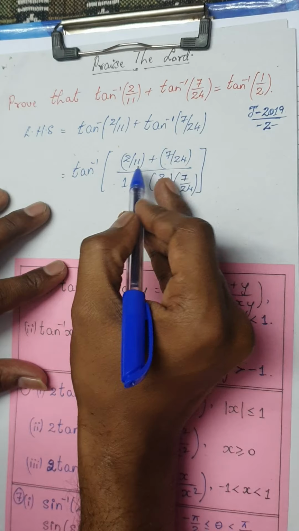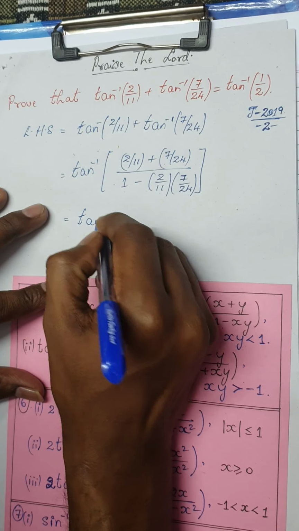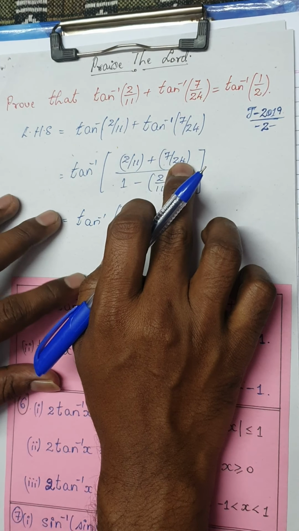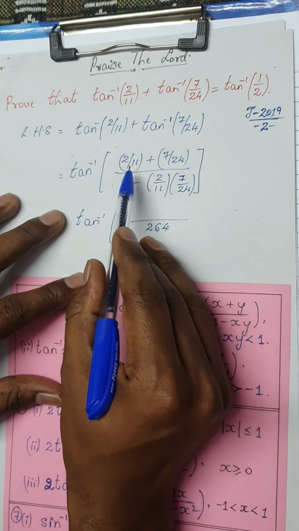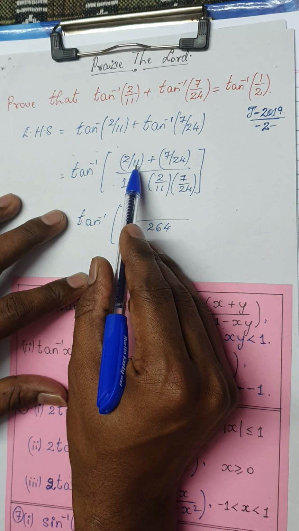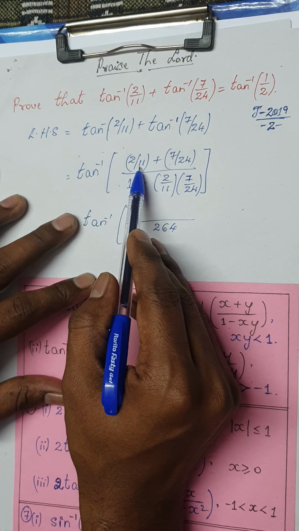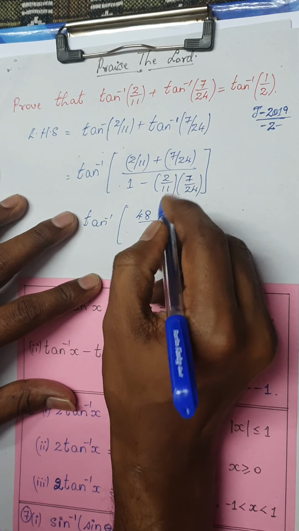Now we are going to take the LCM of the numerator here. So this is tan inverse of, you can check it, LCM of 11 and 24 is 264. If you divide 264 by 11, you will get 24. So 24 twos are 48.